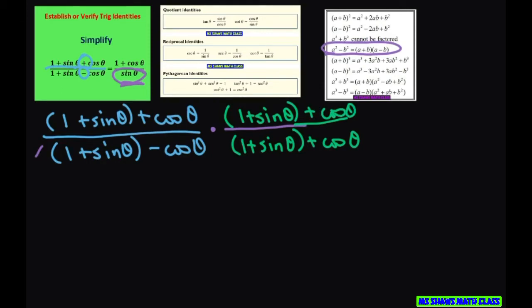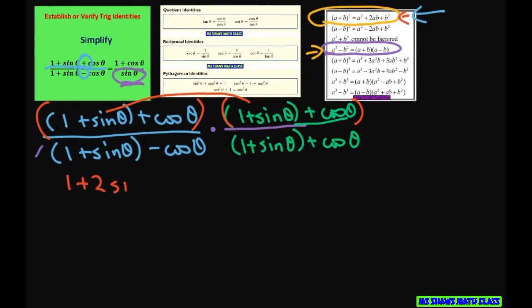So now we're going to be dealing with this formula and this formula. The numerator is going to be this formula. So basically what I'm going to do is I'm foiling this, or you can use the distributive property. So when you multiply these two, that's going to be this part. And that's going to be 1 plus 2 sine of theta plus sine squared of theta.